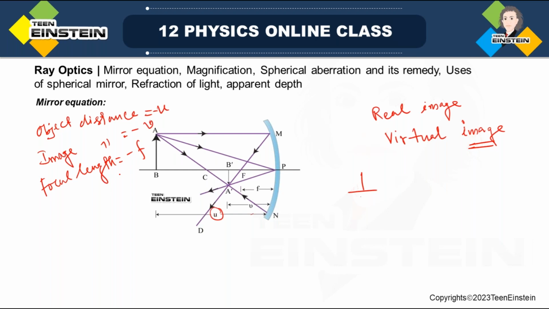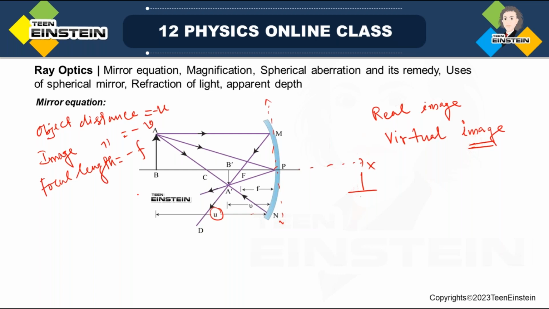All three are negative quantities because we are measuring these distances from the pole leftwards, along the negative x-axis. In our previous discussions, we had considered the pole as the origin, with the y-axis upward and the x-axis in this direction, so this side is the negative x-axis.